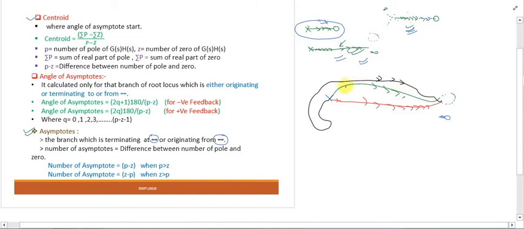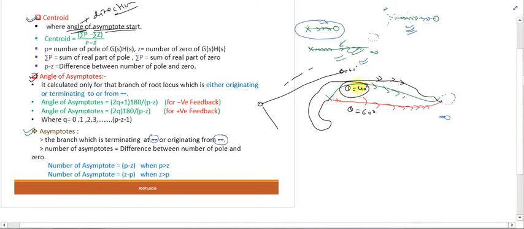To decide the path, or the direction, of the asymptotes, we have to calculate the angle of asymptotes and the centroid. The centroid is the point from which these asymptotes start. The angle means the direction: for example, one asymptote goes at theta equal to 60 degrees, and another asymptote goes at theta equal to 40 degrees.